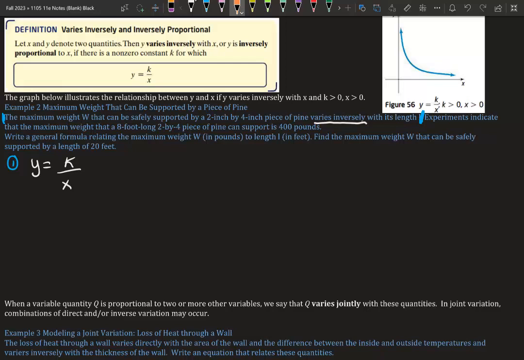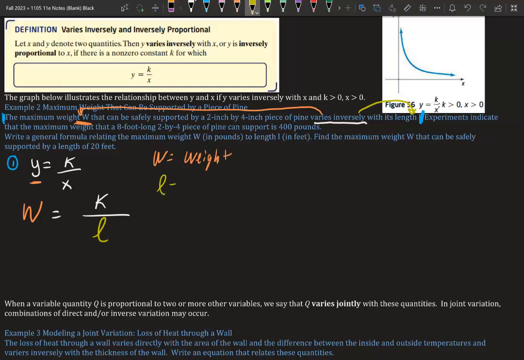So the variable that comes before is W. So our y actually is represented by weight. K is always k, you just put it there. And our x, it comes after that phrase varies inversely. And what comes after is length L. So it told us W equals weight, and L equals the length.